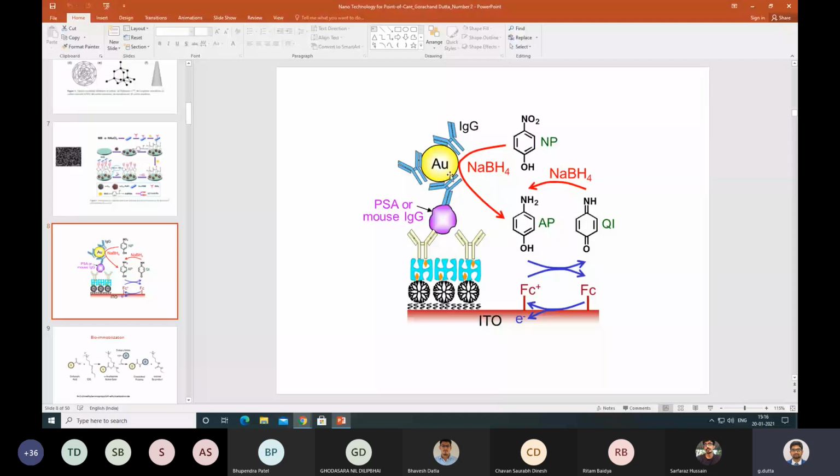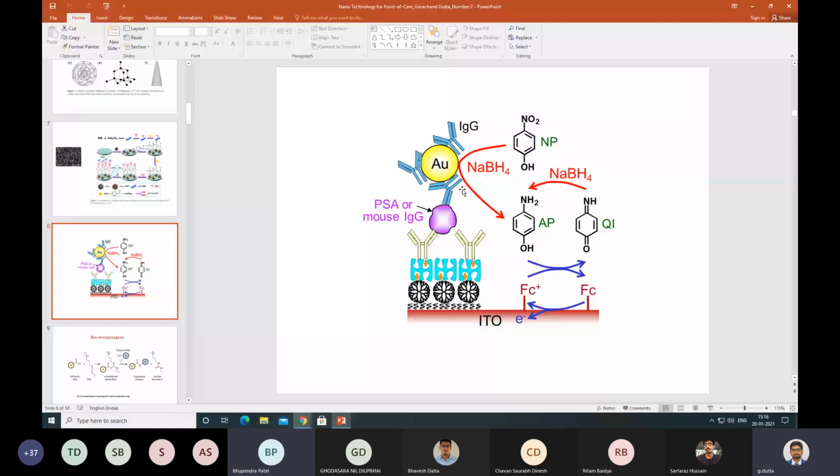Now, if there is a higher concentration of gold, then so many NP will convert to AP, meaning AP concentration will increase, and more AP means the number of electron transfers is proportional to the concentration of AP, and proportional to the concentration of gold. It means the number of catalysts is also increasing. Clear?